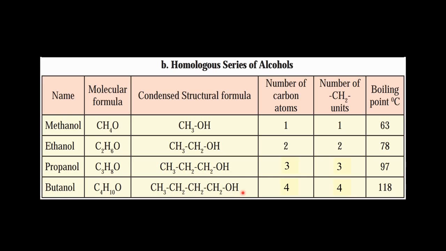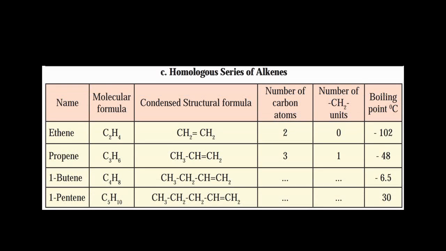You all know how an elaborate structural formula can be written, and the boiling point shows they all behave as independent or separate compounds. Let us see one more homologous series, of alkenes. Here there is a difference, you have to note it down. The first one is, if you see, even though there is the presence of 2 CH2 here, the number of CH2 units represented is given as 0.